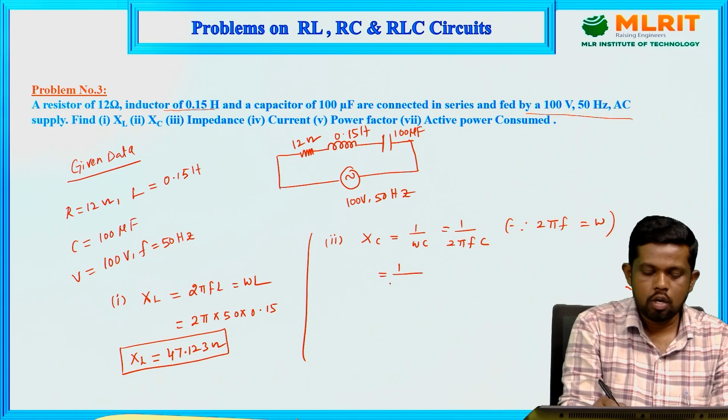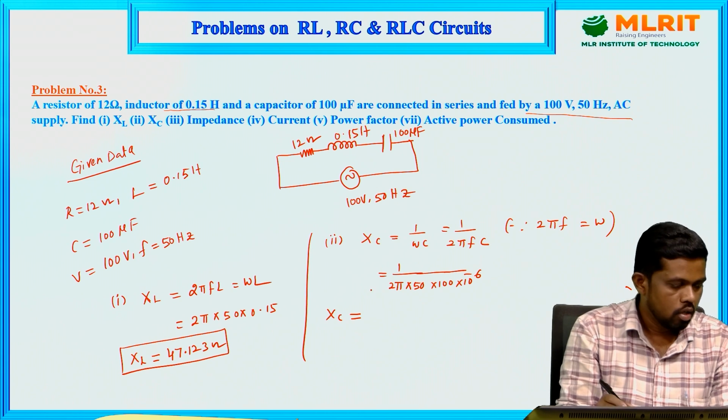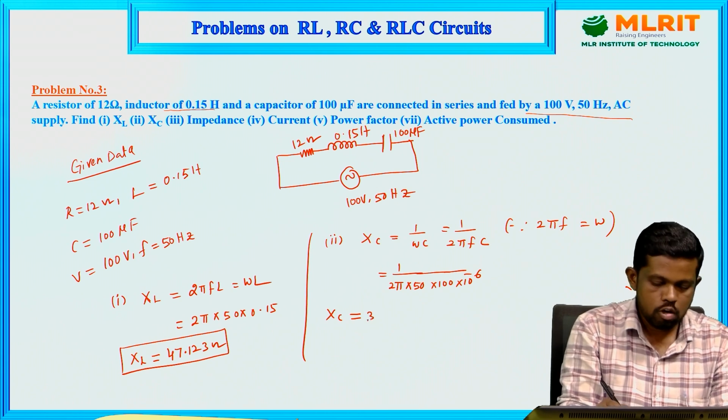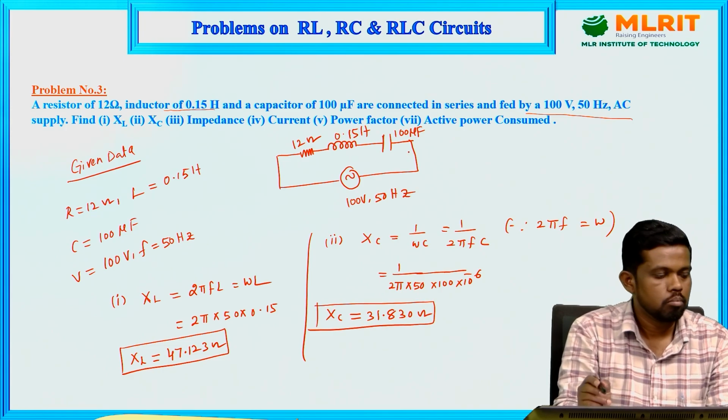Then 1 by 2 pi into 50 into the capacitance of the parallel plates, 100 into 10 power minus 6. Therefore XC should be 31.830 ohms. So this much reactance is offered by the capacitor.